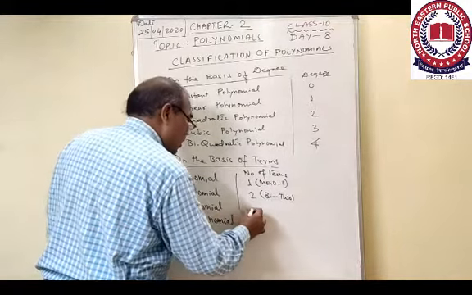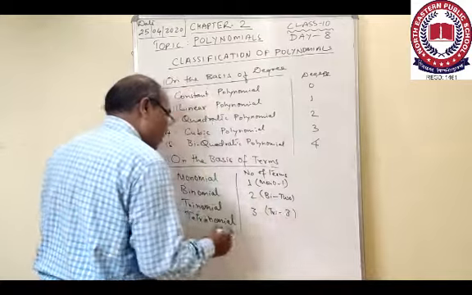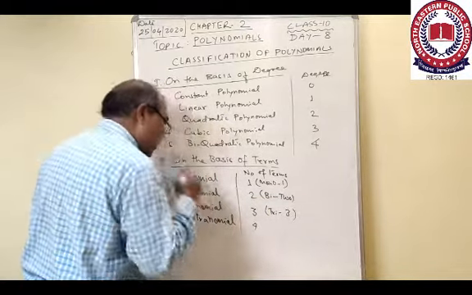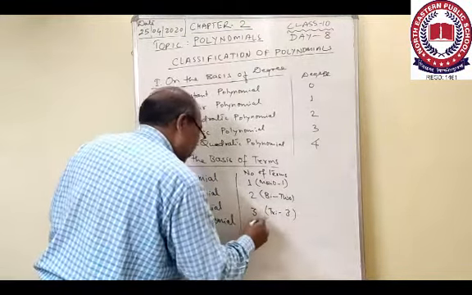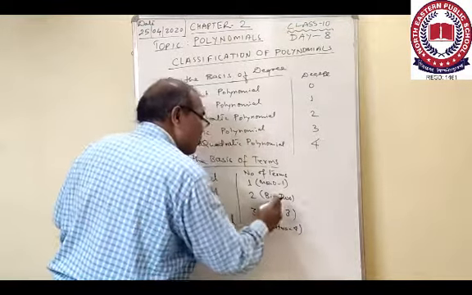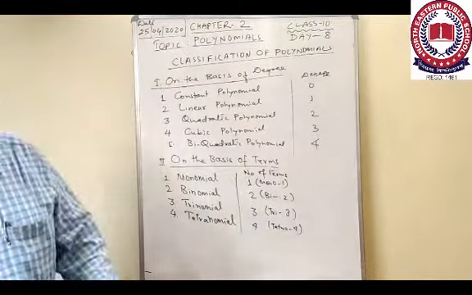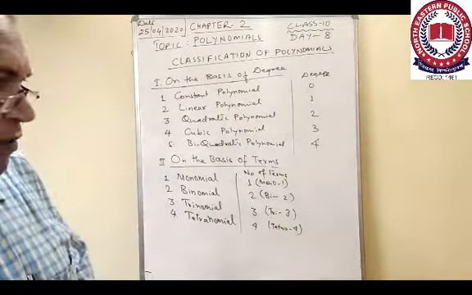And trinomial, 3 terms. So tri is used for 3. And tetra means 4 terms. So you should know for what which word is used. Accordingly, the names of the polynomials are given here.